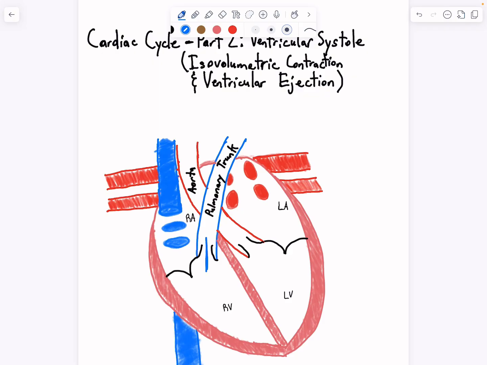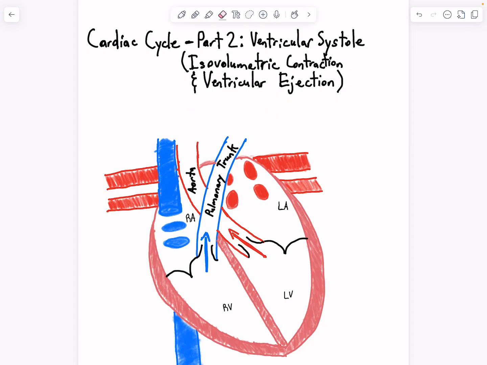I'll draw that here. And the left ventricle to the body. Draw that here. This phase is called ventricular ejection.